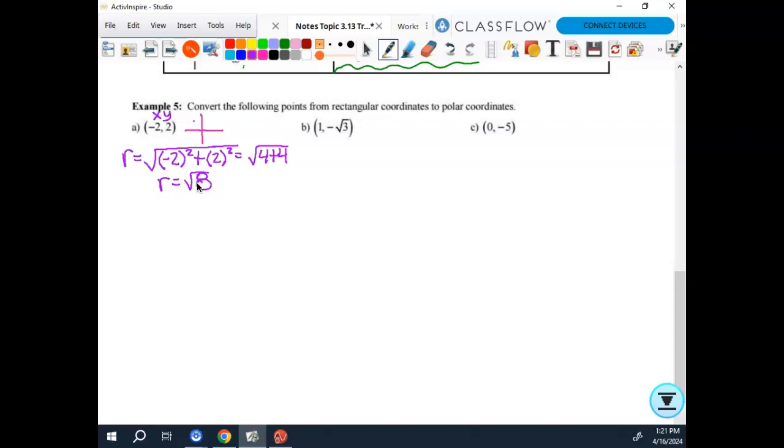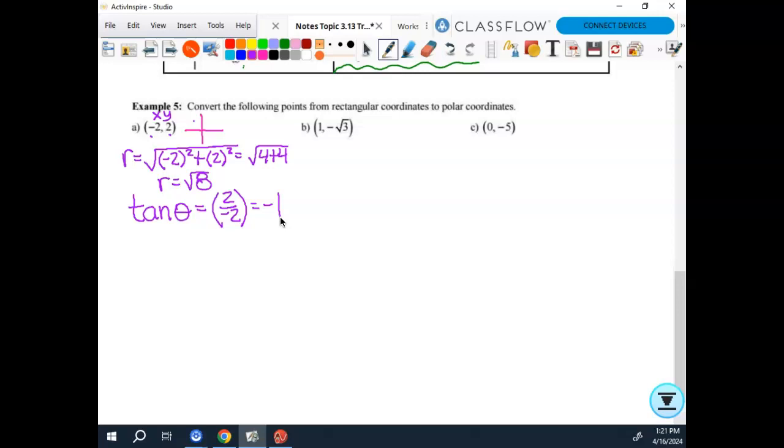But there's my radius. So then I know that the tangent of theta is equal to y over x. So that is 2 over negative 2, which is negative 1. All right, so we're still going to think through the first quadrant. What's your first quadrant angle that gives you a tangent value of 1?